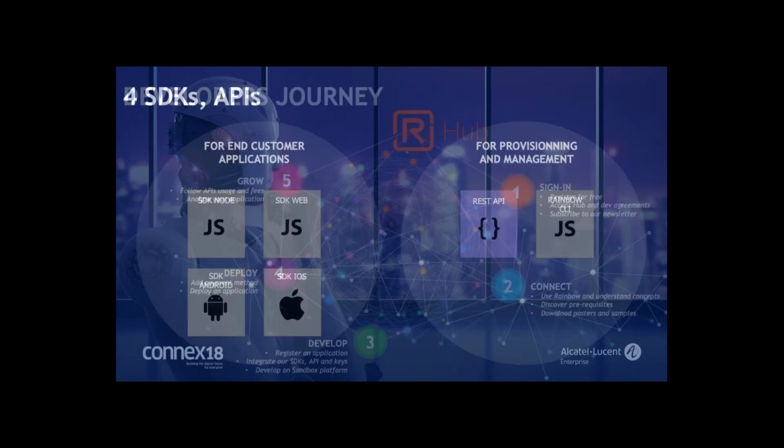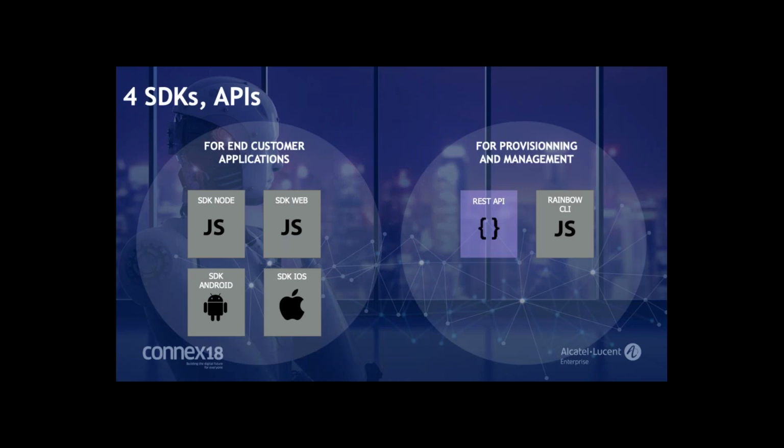So if we continue to look deeper at what we offer, you will discover that you can use 4 SDKs today. SDKs are mandatory for accessing real-time services, such as sending and receiving messages or notifications, for making audio and video calls, sending files, for example.